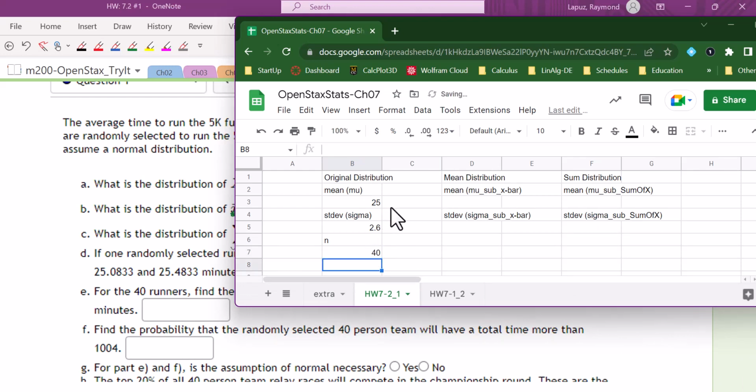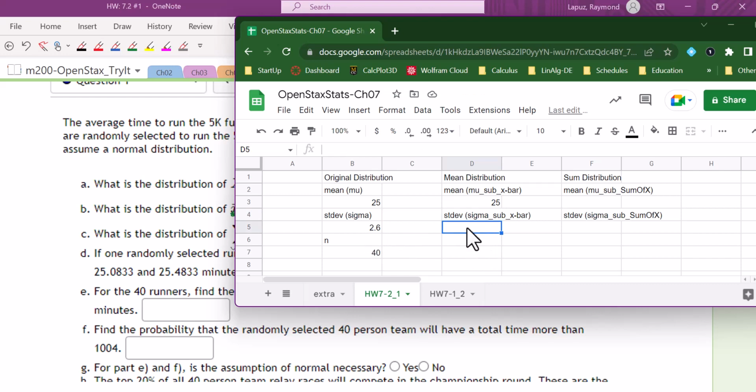And so I want to take advantage of clicking the cells of things, and so let's take a look at the mean distribution. The mean distribution is just going to be exactly the original mean mu. So I'll just say equals, and I'll click on the 25 where the mean mu is, and I'll press enter, and so that's also 25. Now the sigma, however, is going to be different.